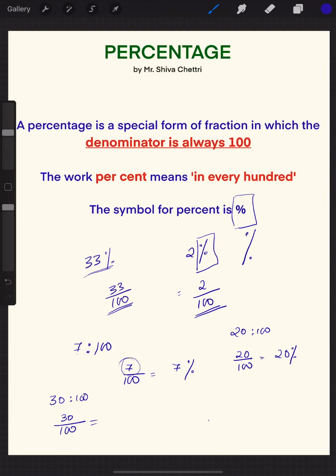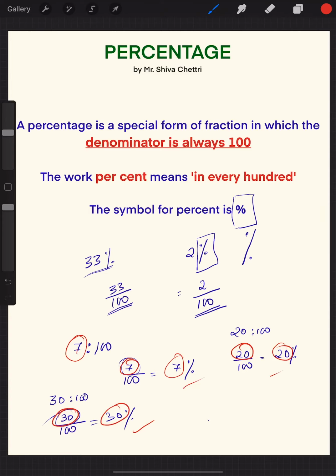So if you clearly see, while converting a ratio or fraction to percentage, we just write the numerator with the percent sign: 7%, 20%, 30%. These are the things which we must know.